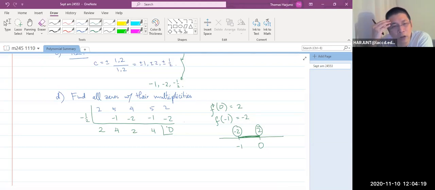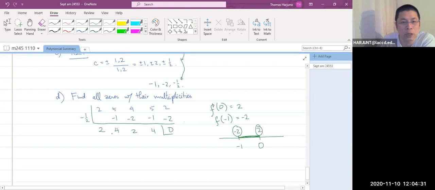Now, I already tried 1 earlier. It didn't work. So actually -1 will not work. I can try -2 though. Even though you can also realize that this is 2x cubed plus... So right now we already factored it.